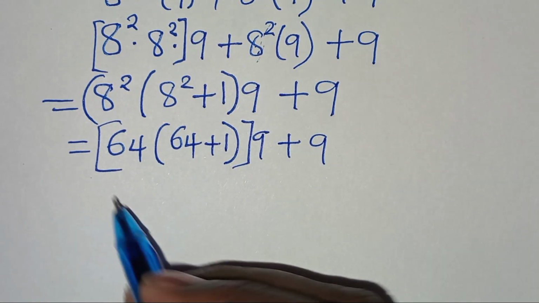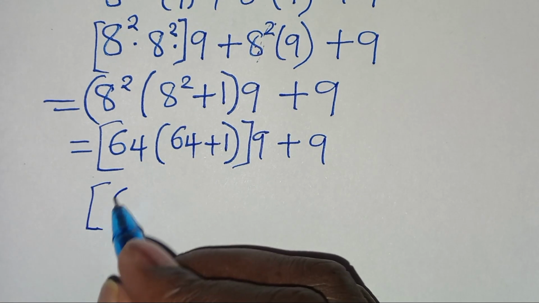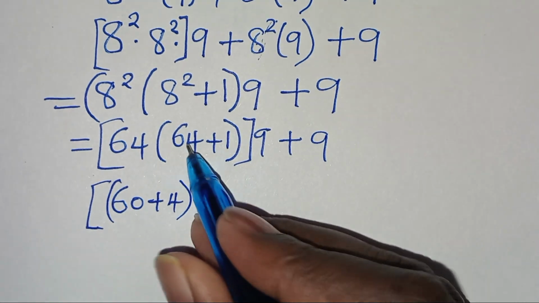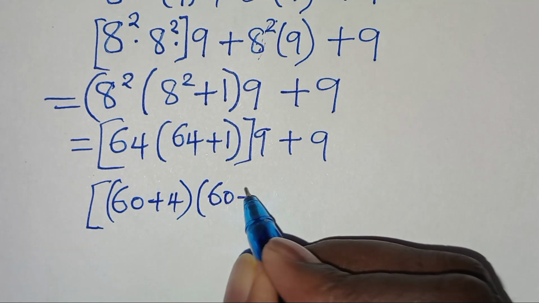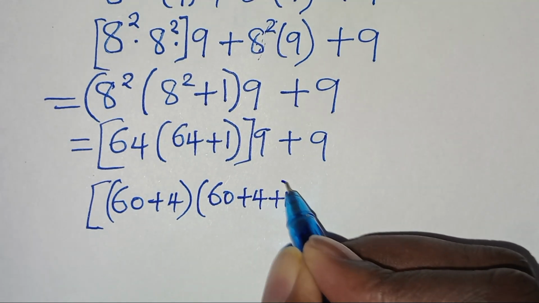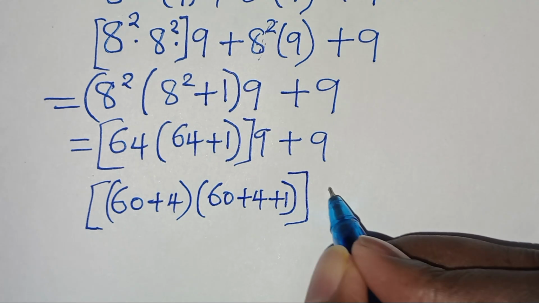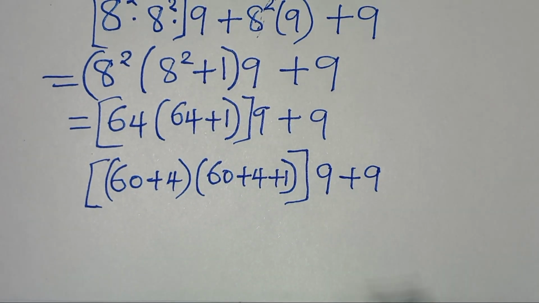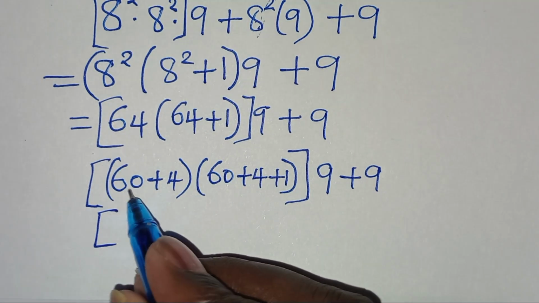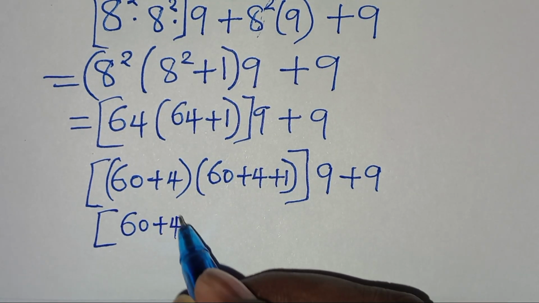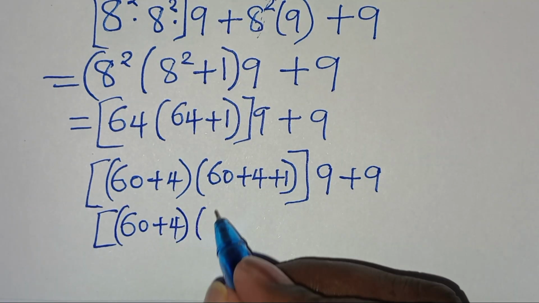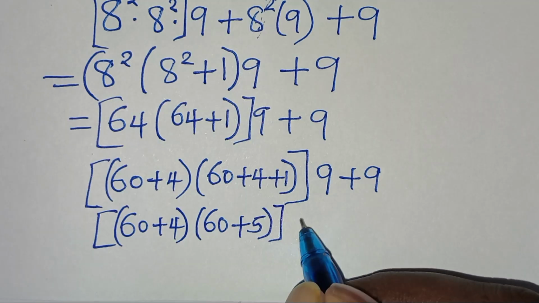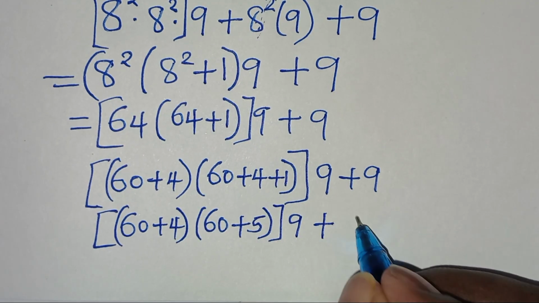So we can express 64 as 60 plus 4. Then here we have 60 plus 4 plus 1, close the parentheses, everything here multiplied by 9, then plus 9. So this is the same thing as 60 plus 4, multiplied by 60 plus 4 plus 1, this is 5, then everything here multiplied by 9, then plus 9.